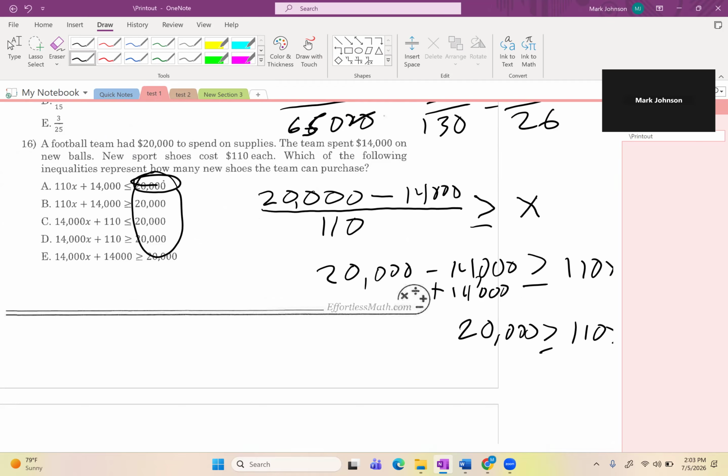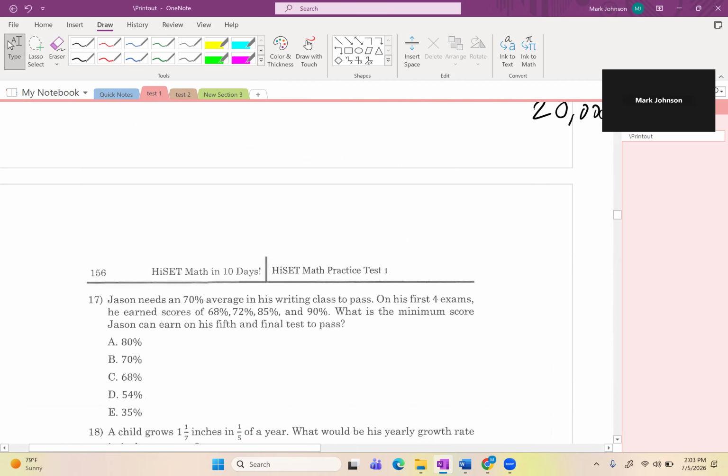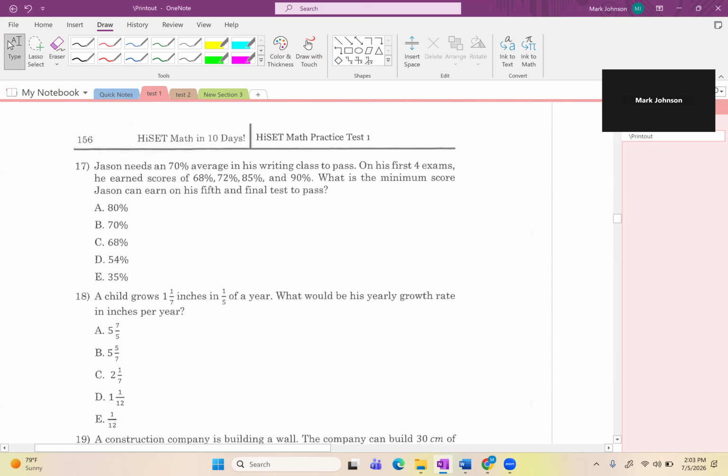Seventeen. Jason needs a 70% average in his writing class to pass. On his first 4 exams, he earns scores. What is the minimum score he can earn on the fifth to pass?